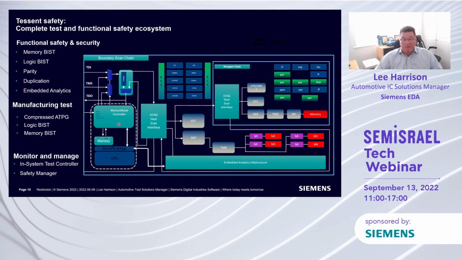Mission mode is essentially connected into the IJTAG network here. So mission mode is the in-system test controller, which like I say, can hook into the IJTAG network and completely internally and in system can set up, configure, and monitor all of this test infrastructure that we've inserted.